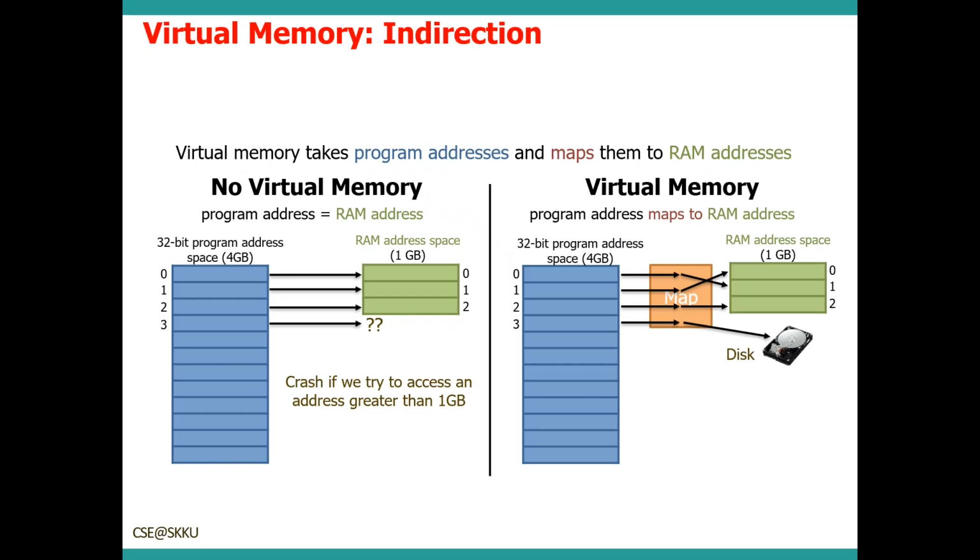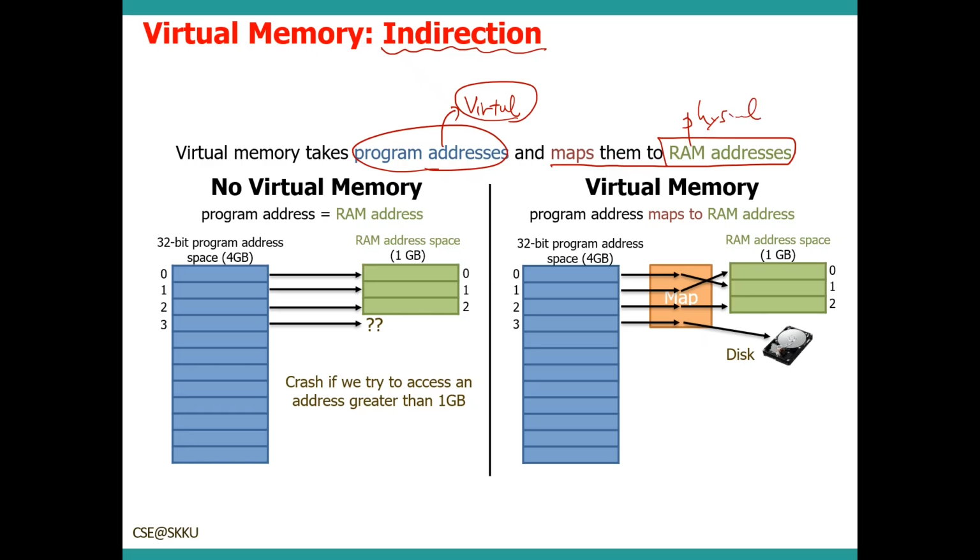So virtual memory provides memory indirection. It takes the program address, which is actually a virtual address. The program generates a virtual memory address during execution. Then the virtual memory address is mapped to the real physical memory address using this virtual memory system.